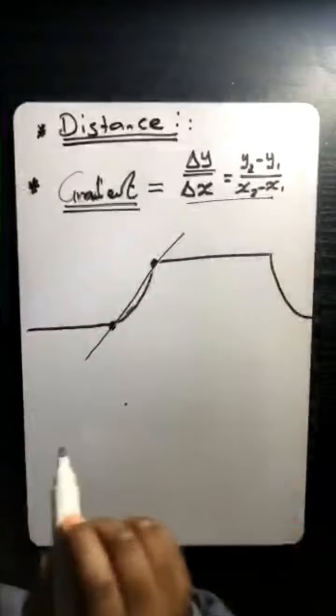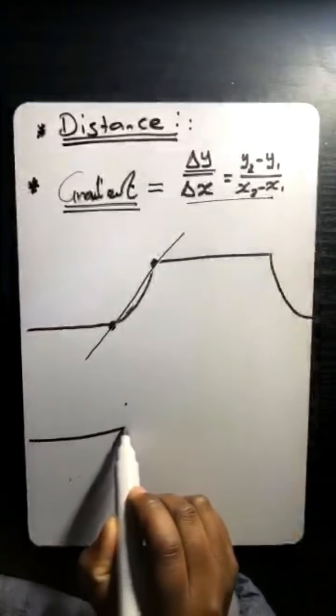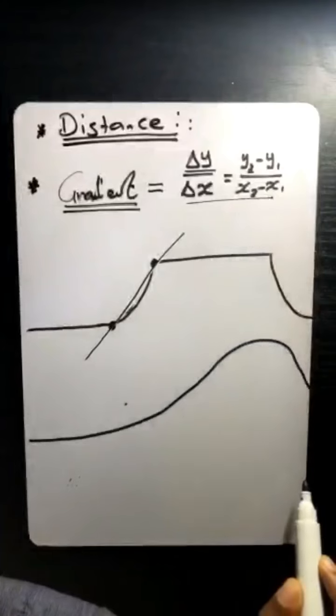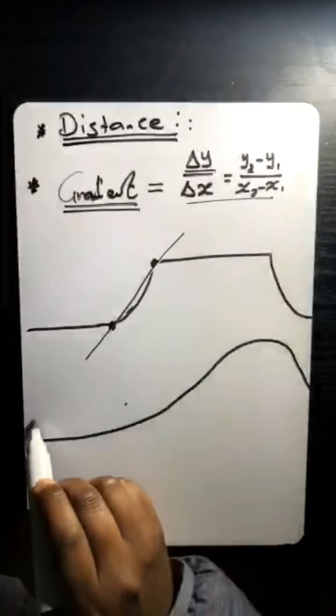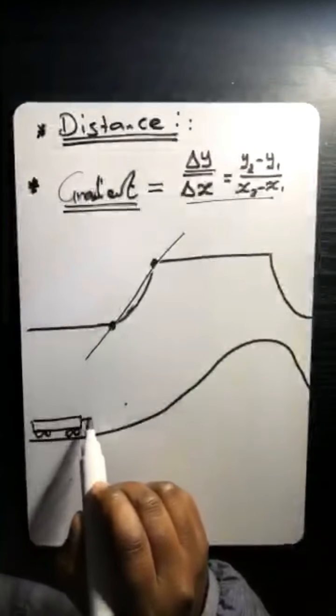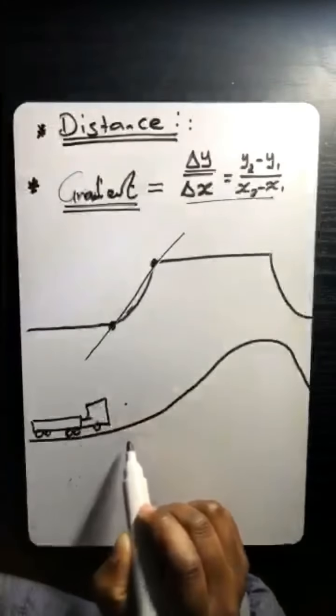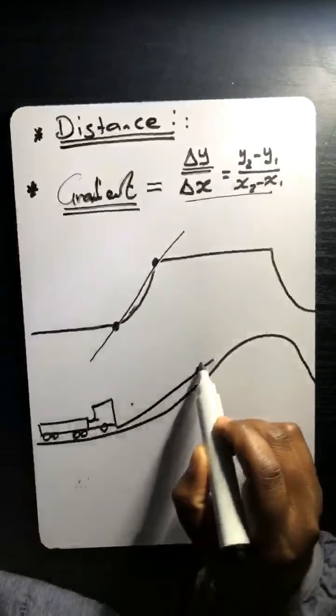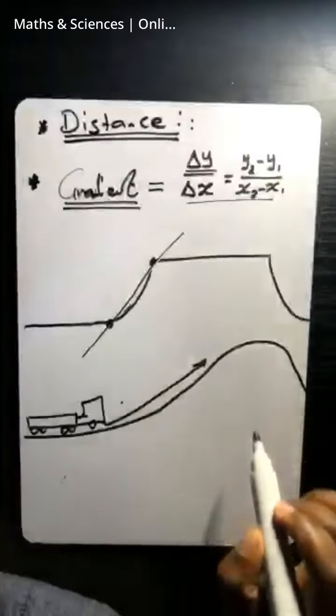Also, if you are driving up a hill and this is a road, it does something similar. We are able to calculate that a truck of this size, for example, won't be able to climb that road, because maybe it is too steep.